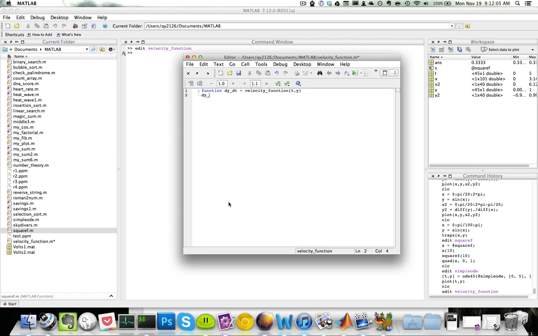My dy/dt is simply equal to negative 9.81 times t. So this will be my function.